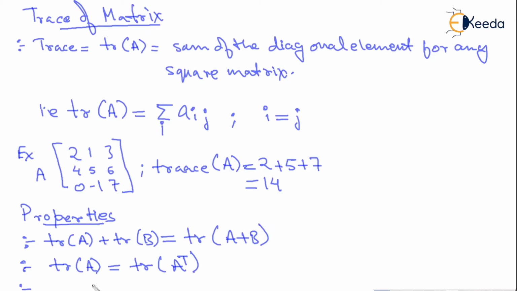Next is trace of AB is the same as trace of BA. Again, when the multiplication is defined, obviously if these two are both square matrices or the final product is a square matrix, the condition is defined, the trace is going to be the same, right?